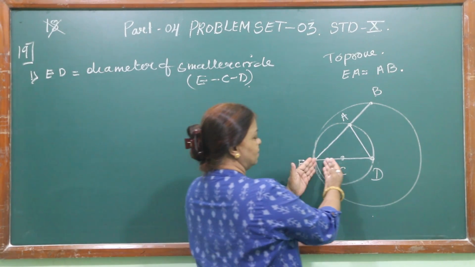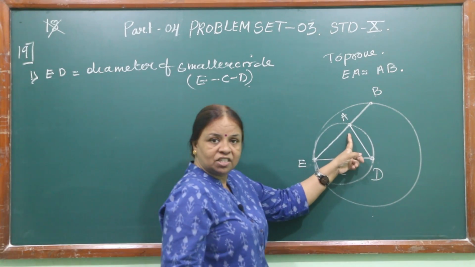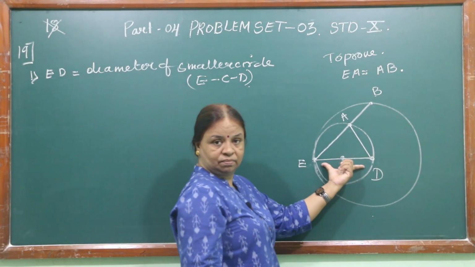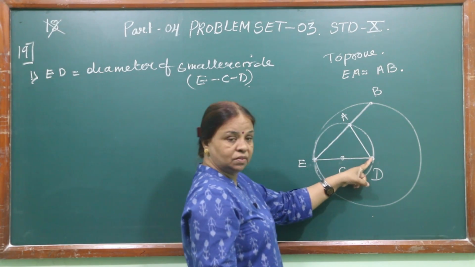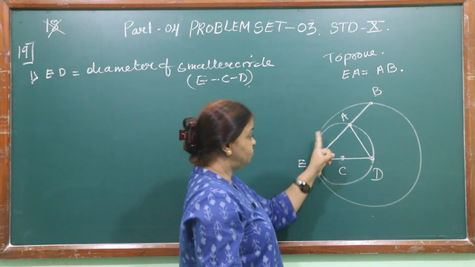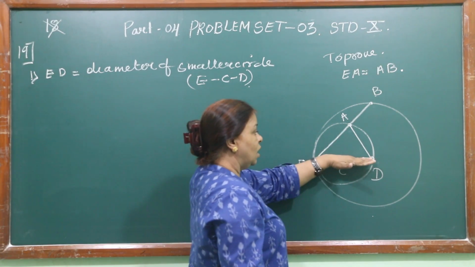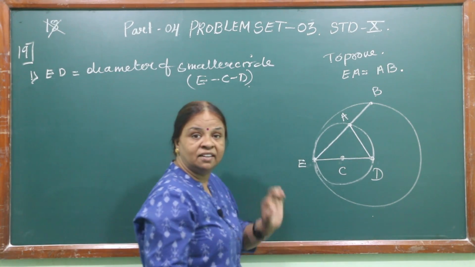Now, you look at this. ED is the diameter. Then what about this angle? This is the angle which is subtended by the largest chord, or this is the angle which is inscribed in the semicircle. This is the below half circle, this is the above half circle. So, a diameter will subtend an angle, that angle will be 90 degree.